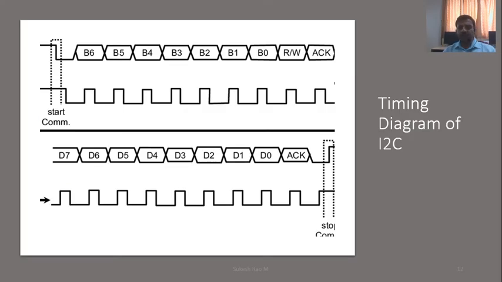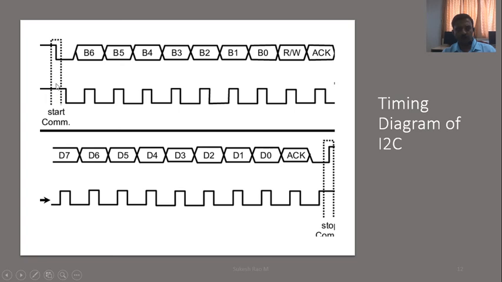If you see the timing diagram, this will give you the actual scenario of how the communication happens for the transfer of data. As you can see here, this is the data bus, and it continues here. You can see the arrow, it starts from here, goes here, and ends up here. This is the SDA line that I'm talking about. The top one is SDA, the bottom is the clock.